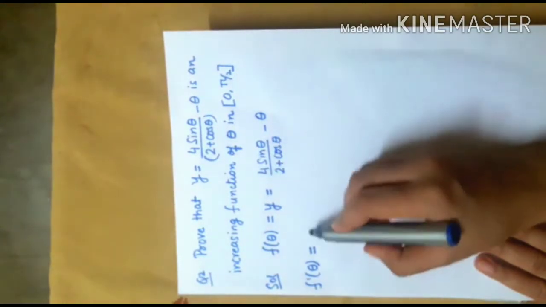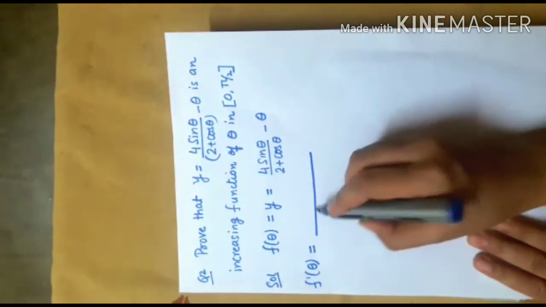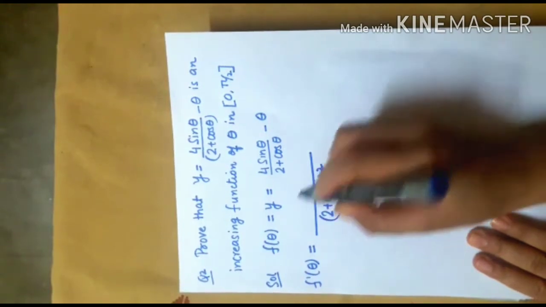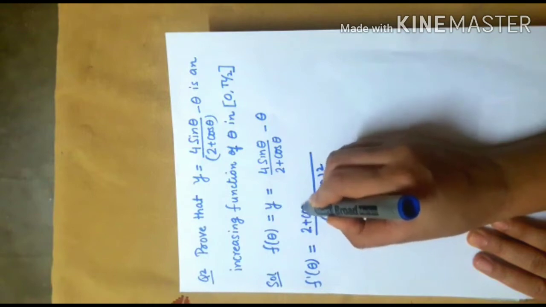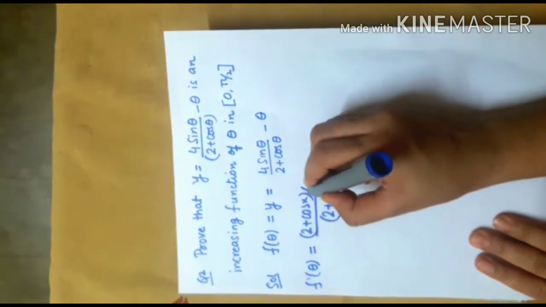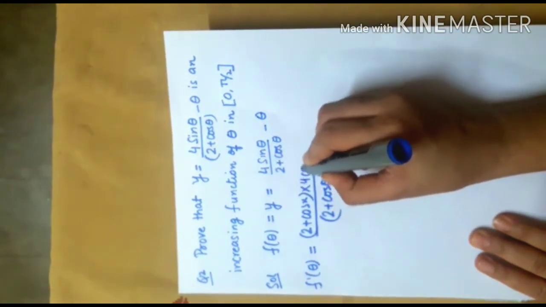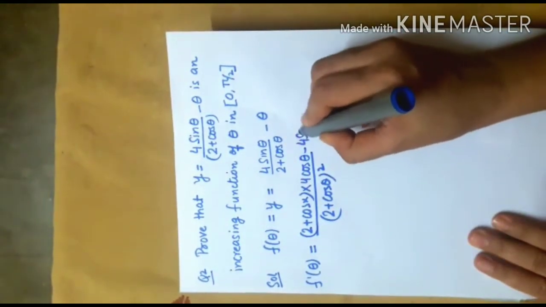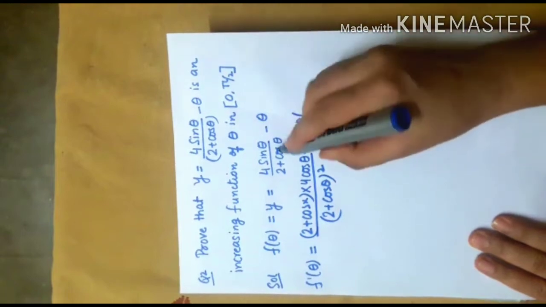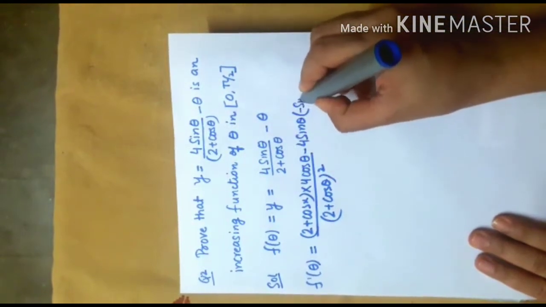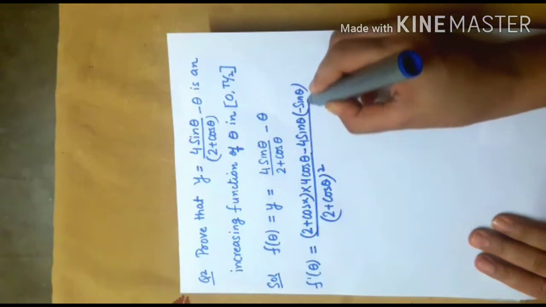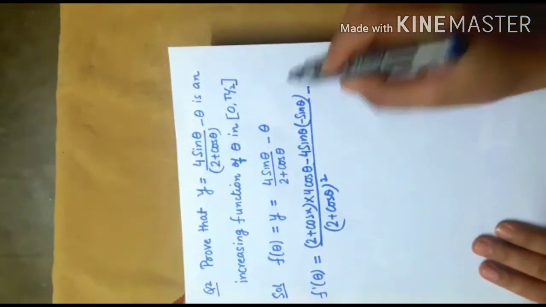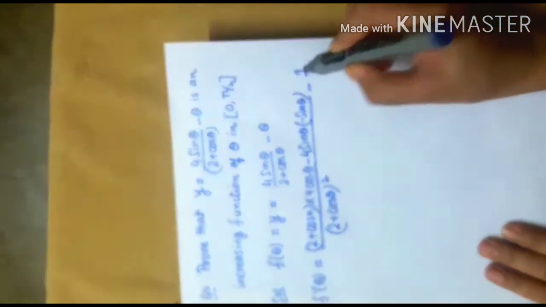I'll apply the quotient rule. It will be denominator into derivative of numerator, which is 4 cos theta, minus numerator into derivative of denominator, which is minus sine theta, whole divided by the square of the denominator, minus the derivative of theta, which is 1.